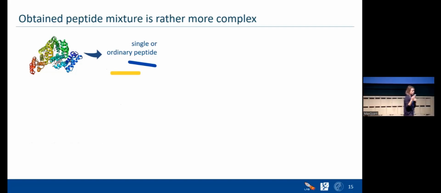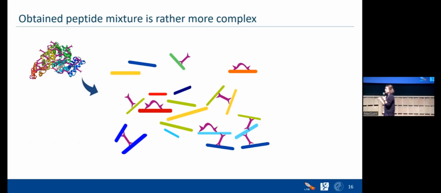In a typical proteomics experiment, a typical shotgun experiment, we have the protein, and we tend to have the single, or ordinary, or linear peptide. But in crosslinking, we have quite a mixture. We don't have only single peptides; we actually aim for two peptides crosslinked by the crosslinker, because here we retain the information on the structure.